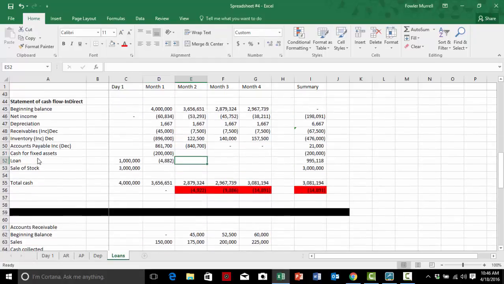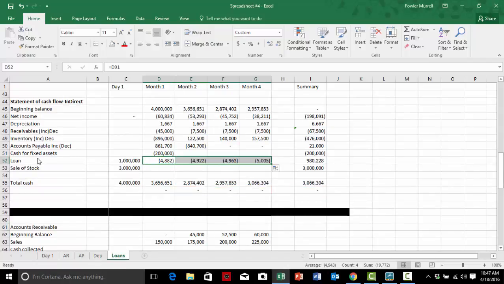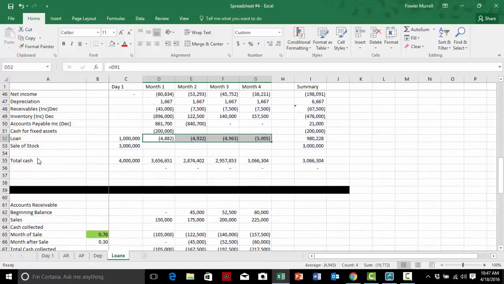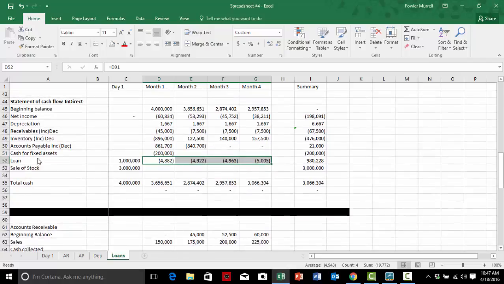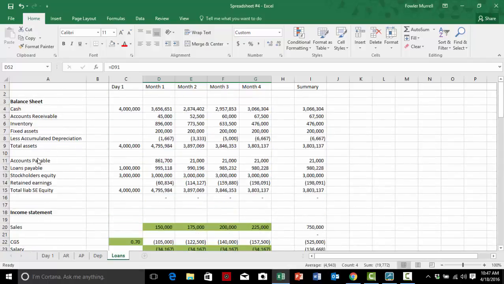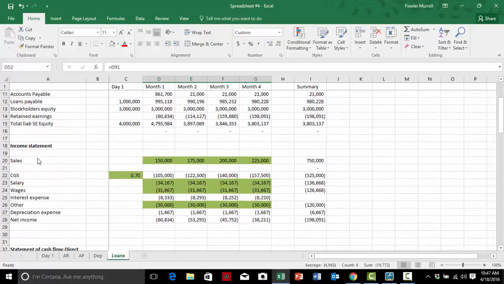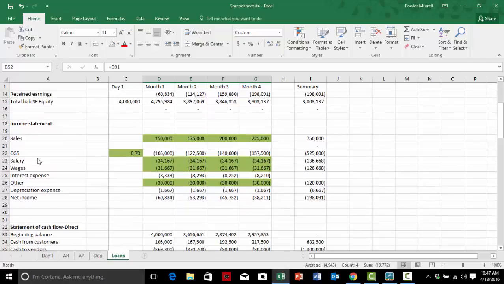And the red has gone away. And if we drag this over, the red has gone away everywhere. And it looks like we have a complete financial statement. Let's go to the top and look at our summaries. There are no holes here. There's one hole here for interest expense.